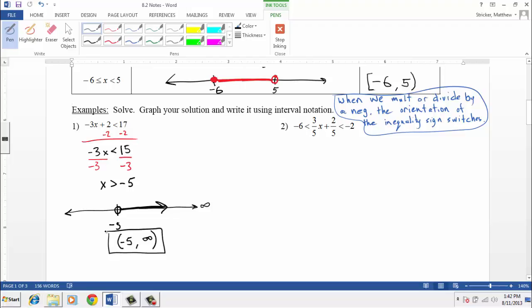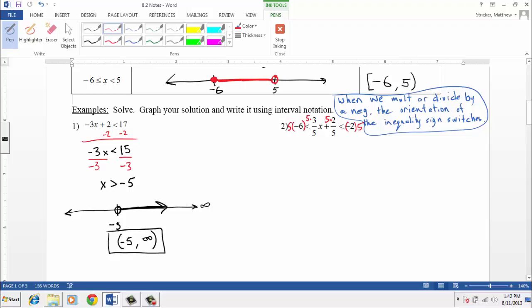Let's look at one that's a little bit more challenging, and that is that we have now fractions, and we've talked about this a little bit already in this course, but remember, when we have fractions, let's just get rid of them. Let's multiply everything by the least common denominator. So if I multiply this term by 5, then I have to multiply this term by 5, and this term, and this term.